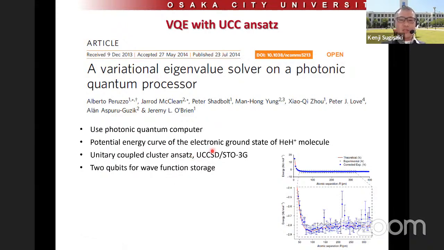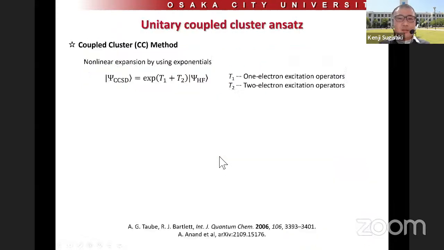So what is the unitary ansatz? If you have experience of performing quantum chemical calculation on classical computers, you probably heard about the coupled-cluster method. The coupled-cluster method is based on the nonlinear expansion by using an exponential. So here, let's think about the CCSD, singles and doubles.